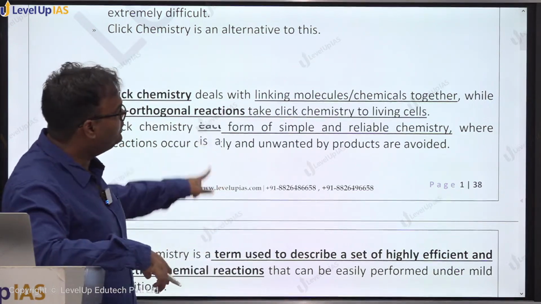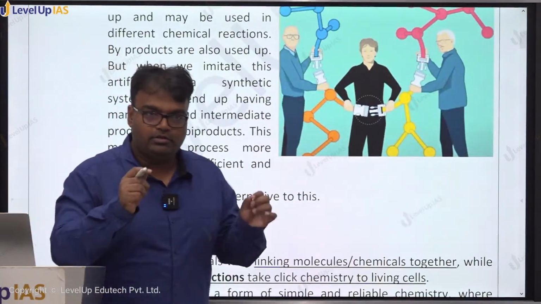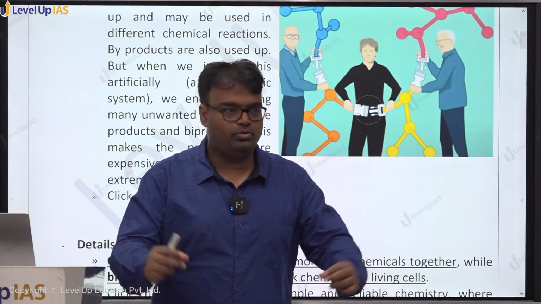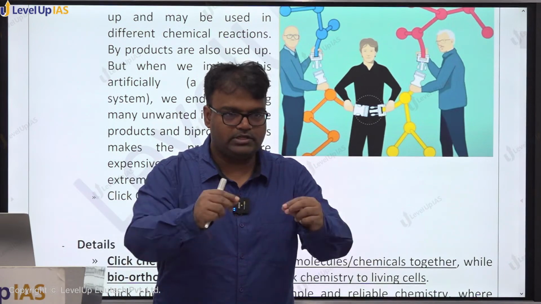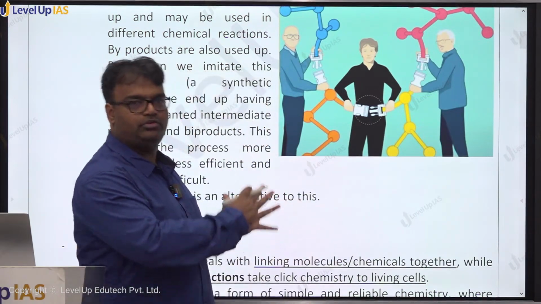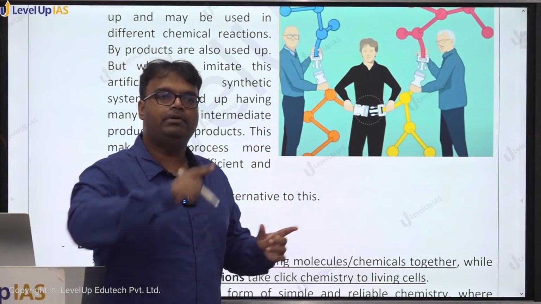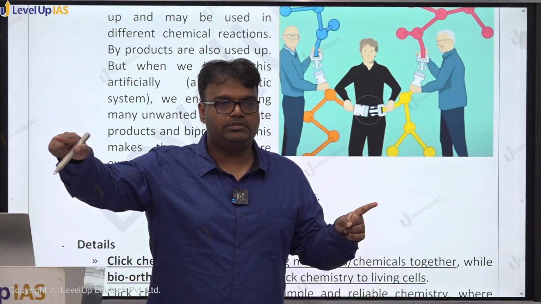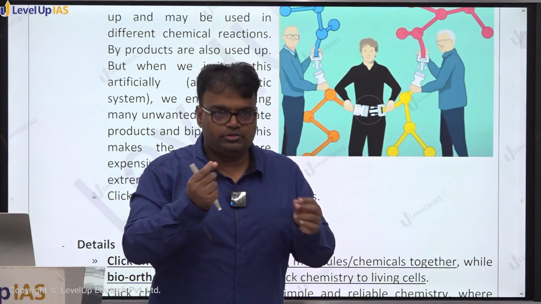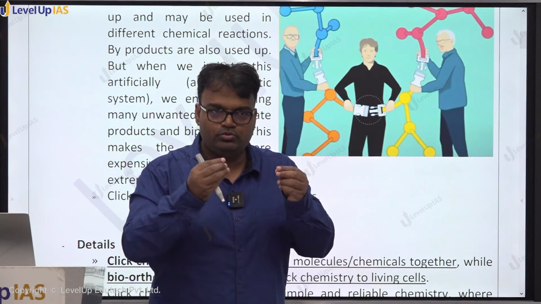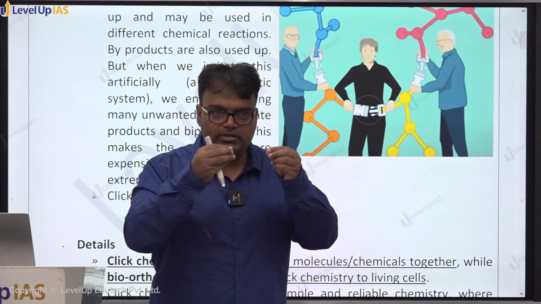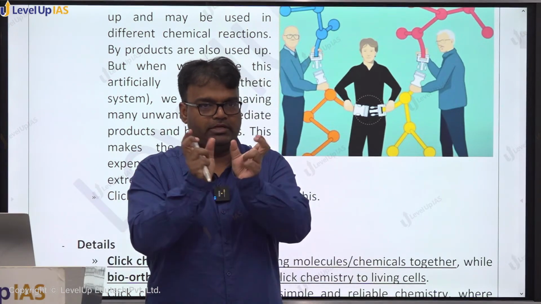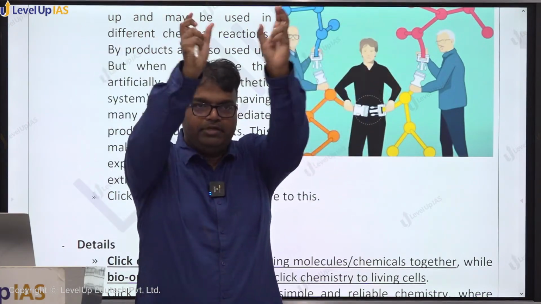And click chemistry mein what they're saying is कि अच्छा, by the way, the term click comes from the buckle. जब आप बेल्ट बंद करते हैं ना, क्लिक हो गया, क्लिक हो गया, क्लिक हो गया. That is click. So they're saying कि when you have to manufacture a complex molecule, rather than replicating the nature, how it has been produced in the environment, go for smaller molecules and find those smaller molecules, make them click, then एक बड़ा molecule बना, make them click, make them click, make them click.